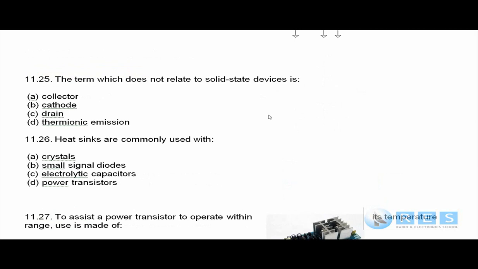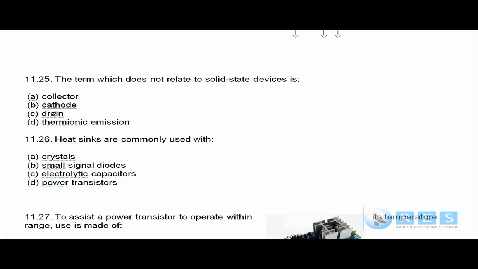Question 1125, the term which does not relate to solid-state devices, that is semiconductor devices, is, well, collector does, and you can do this by a process of elimination. A collector is on a BJT transistor. Cathode, a semiconductor diode has a cathode.